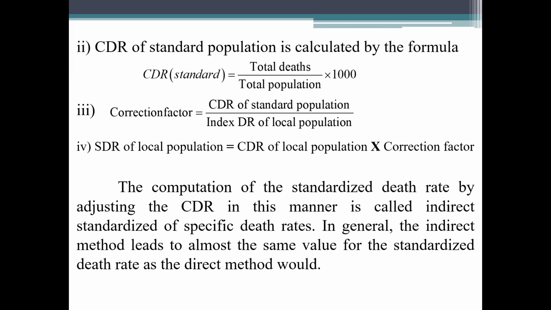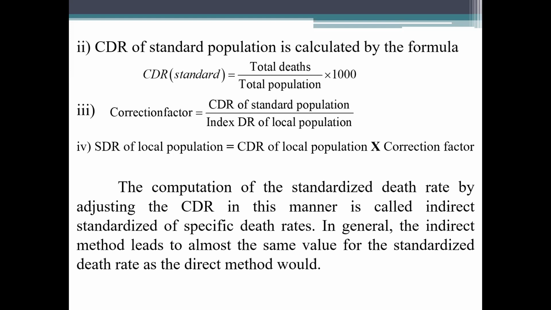Fourth step, the standardized death rate of the local population is equal to the crude death rate of the local population multiplied by the correction factor. The computation of the standardized death rate by adjusting the crude death rate in this manner is called indirect standardization of specific death rates.